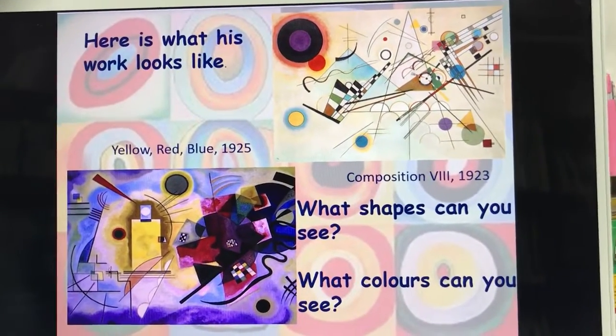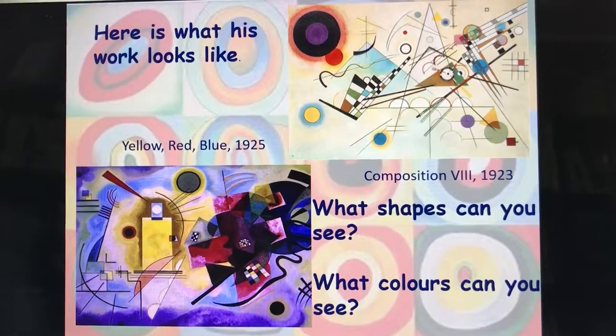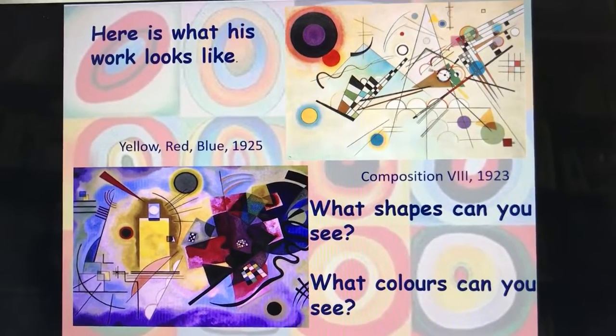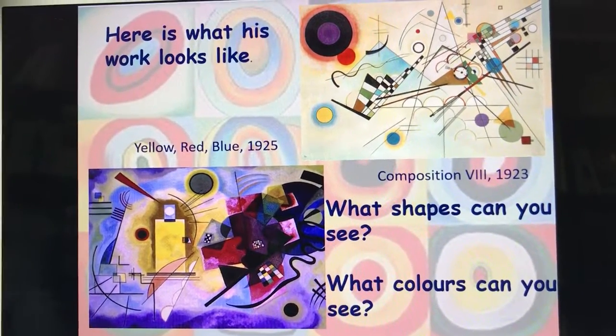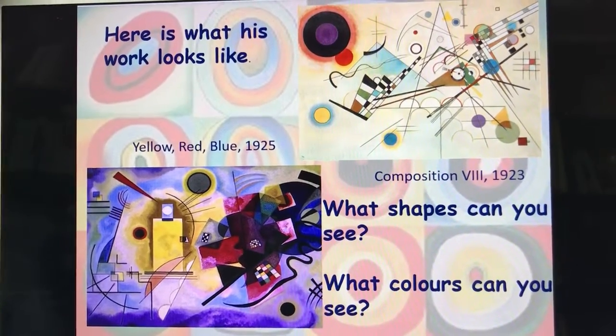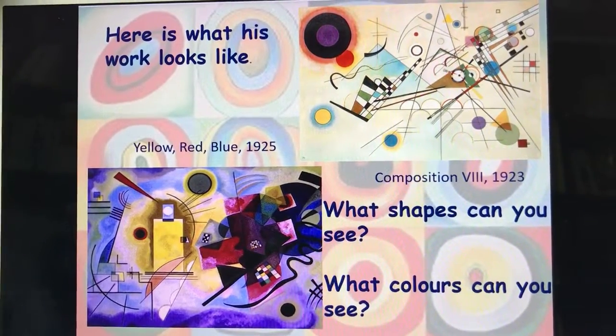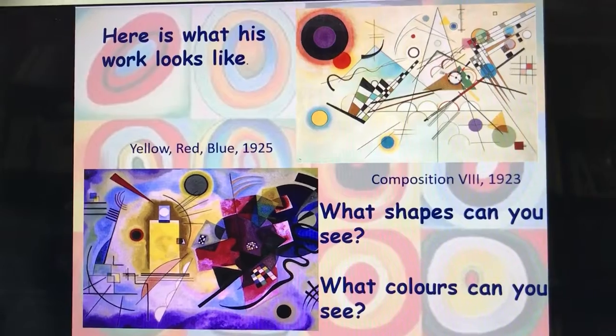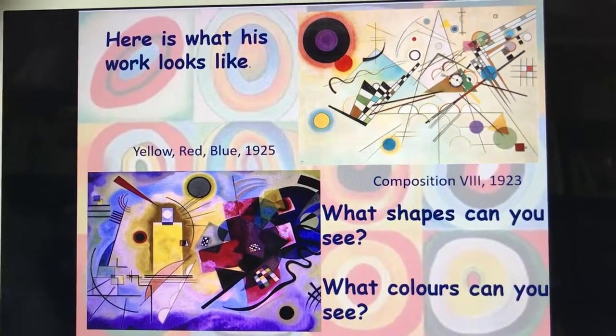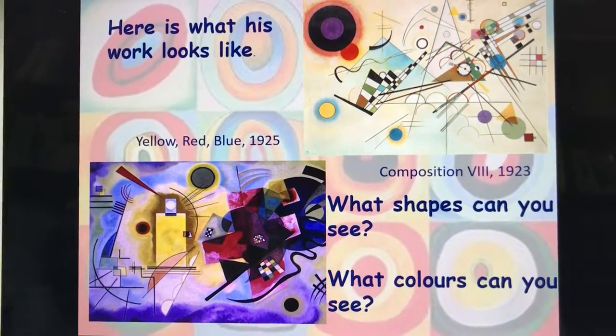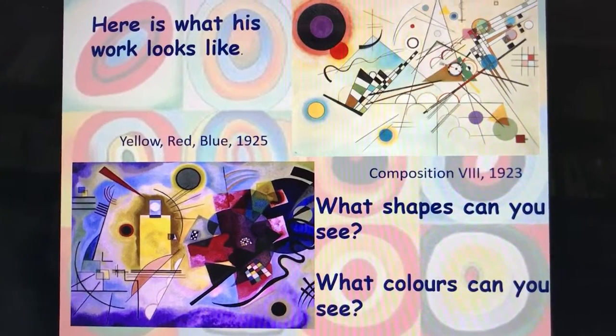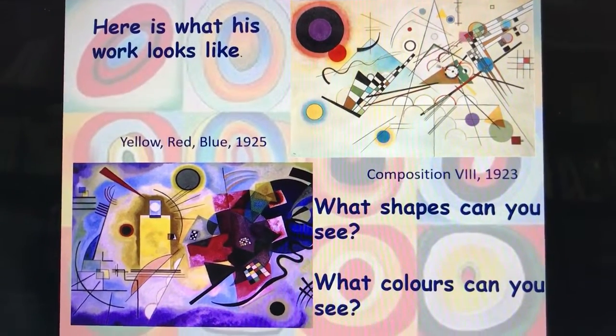So abstract is something non-objective that you draw. It could be a geometric shape, it could be a free-form organic shape, or it could be both together, right? Here is the example he did. You see there are a lot of interesting examples here.